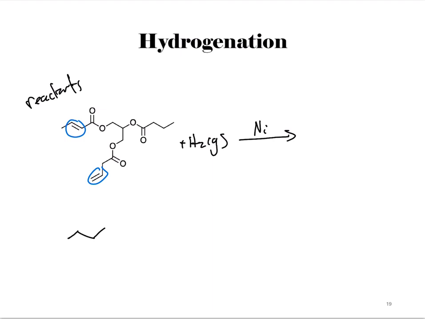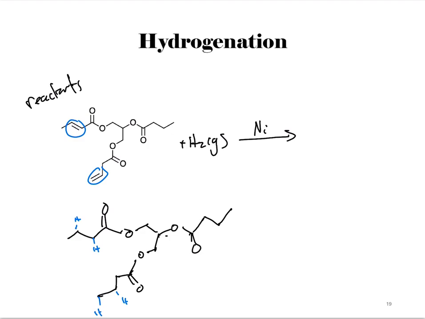So this is going to be like that. And so we've gotten rid of all the double bonds. I'm going to draw the hydrogens, even though you don't have to, just to highlight where we replaced the double bonds with hydrogen in that molecule.